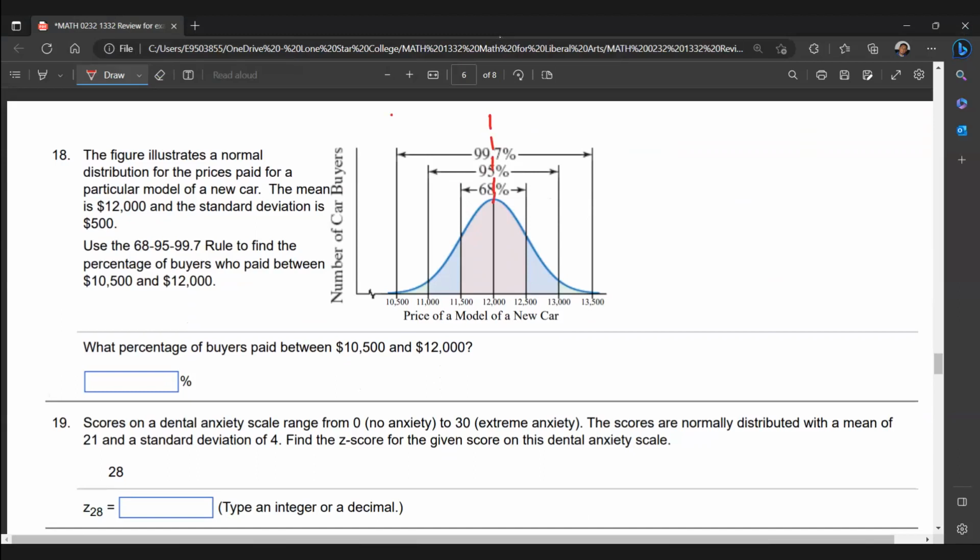We'll notice that this particular curve is symmetrical. So the same amount to the left, the same amount to the right. So if from here to here is 99.7%, then from here to here must be half of that. 99.7 divided by 2, we get 49.85%.